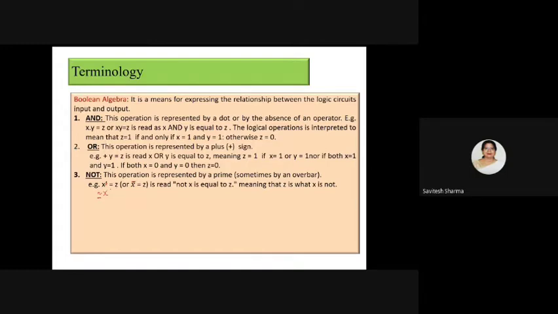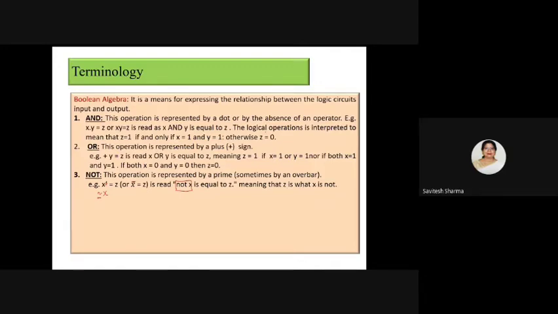So if your input is complemented, or it is a NOT operation, you will get the Z. So this is the relation between X and Z. X is input, Z is output. This Boolean expression is telling you that not X is equal to Z. Means Z is what, X is not.